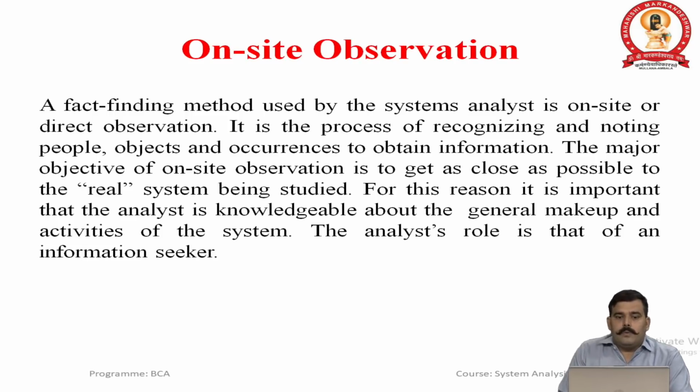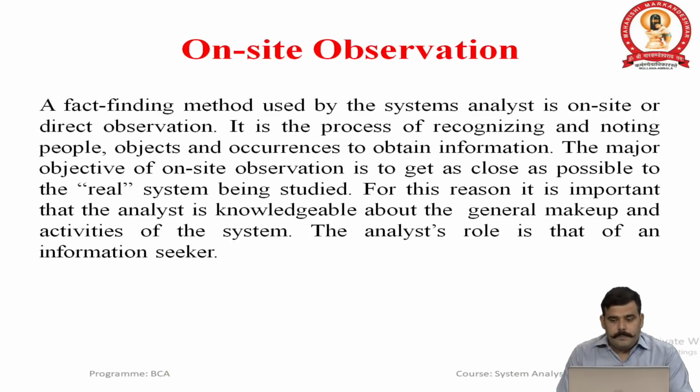The second tool which we use for information gathering is on-site observation. It is a fact-finding method that is used by the system analyst for direct observation on the site. It is the process of recognizing and noting people, objects and occurrences to obtain information.